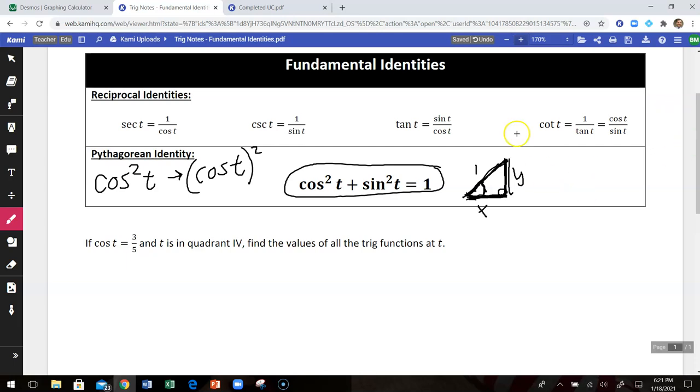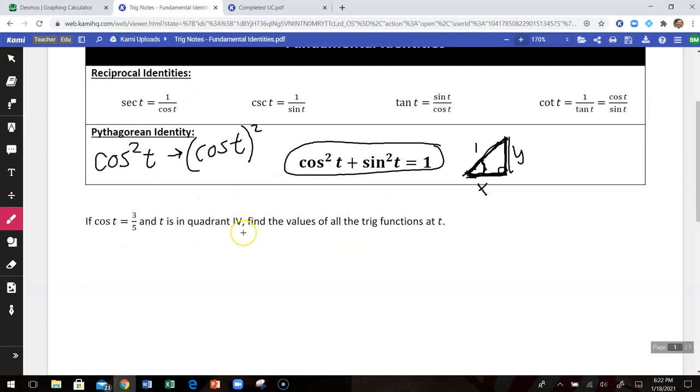Well, if you put the square on the outside of the t, it appears as though the angle is what's being squared, just the t value. We want to make sure that we're squaring the trig function. So the way they do that is they put the square after cosine, cosine squared of t. Notice that that just means this. So we're going to use that fact when we look at this problem here.